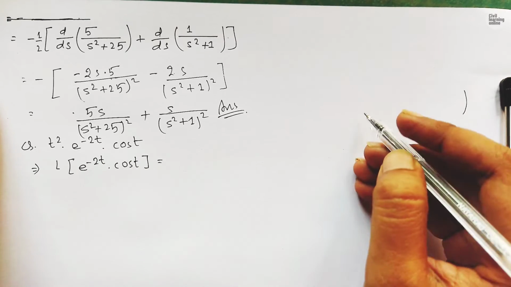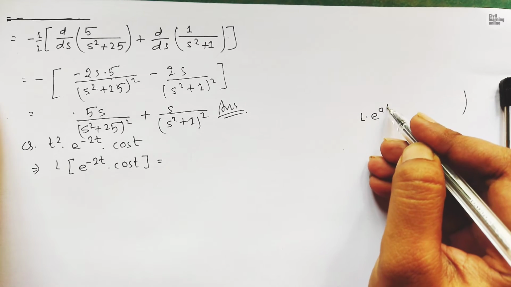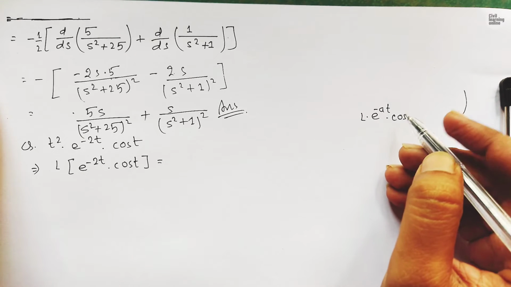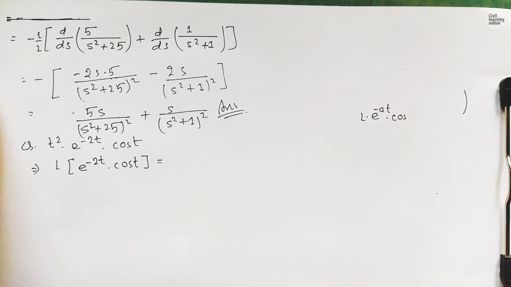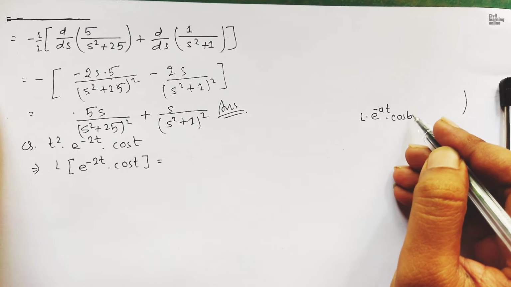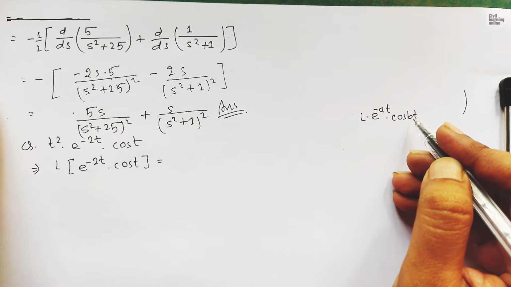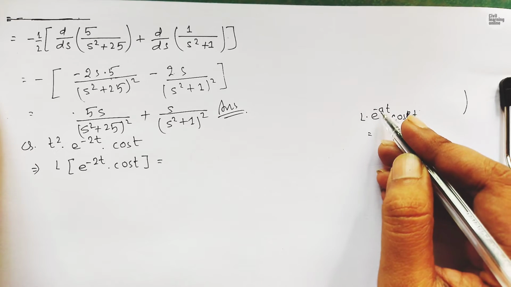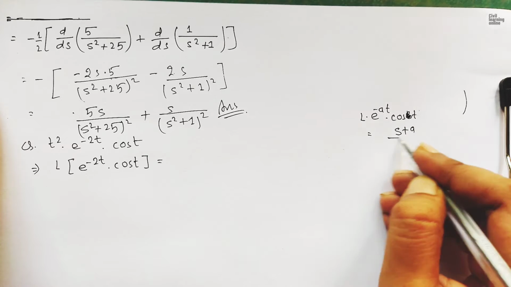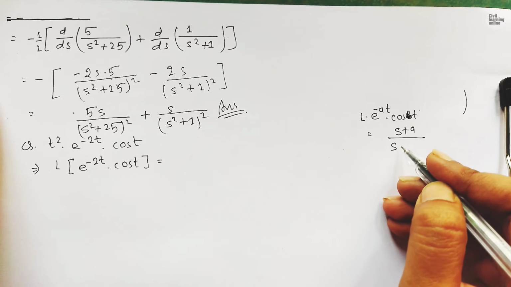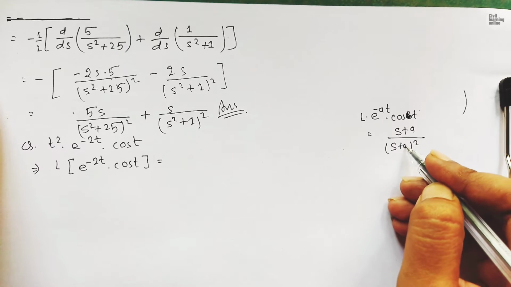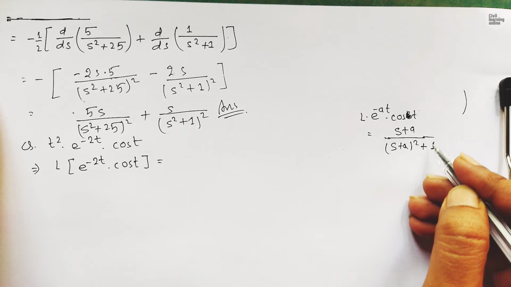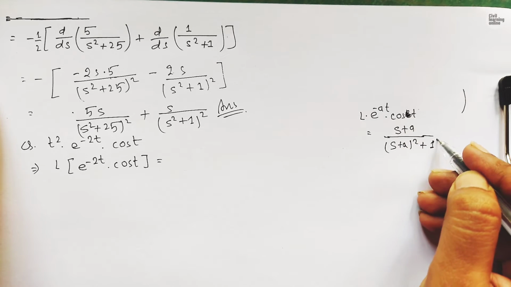So we know that Laplace transformation of e to the power minus at times cos bt, or cos t, will be equal to, cos means s and this a, this is minus, so s plus a upon s square, in place of s square we will put here (s plus a) square plus, and this term means here it is 1, so 1 square.